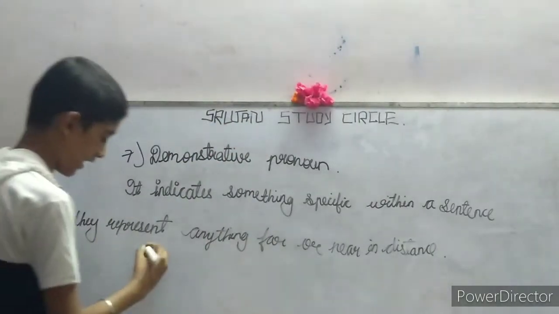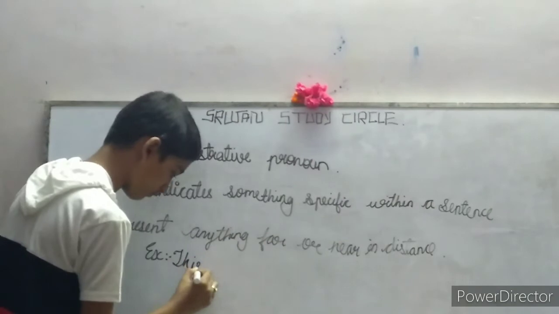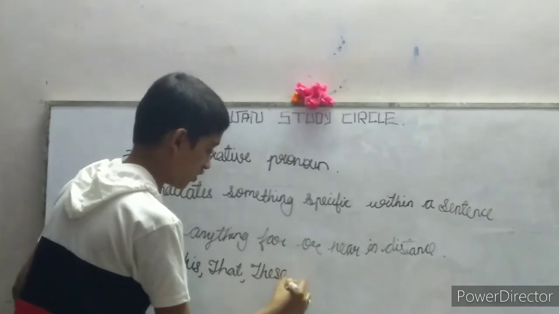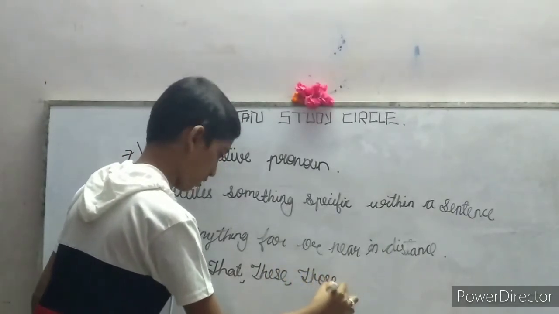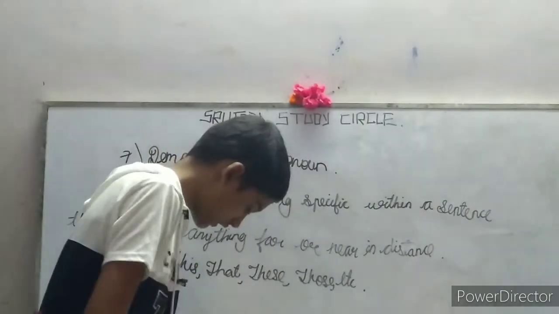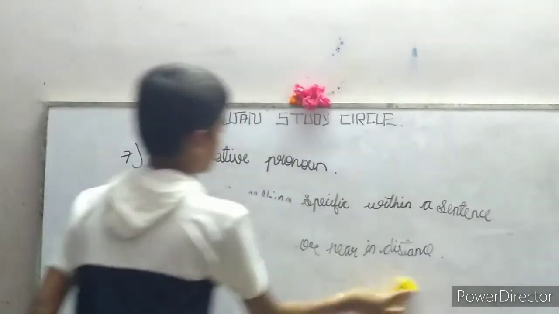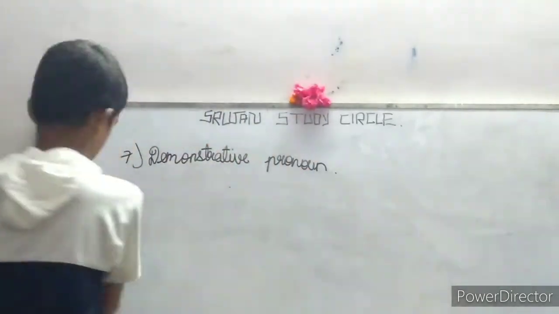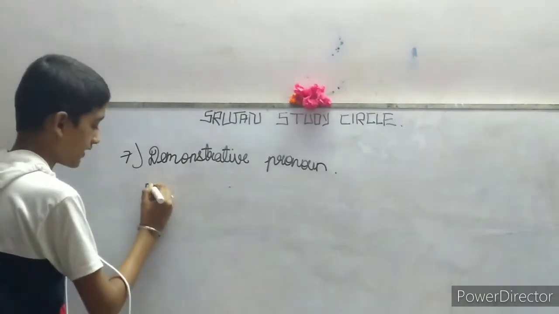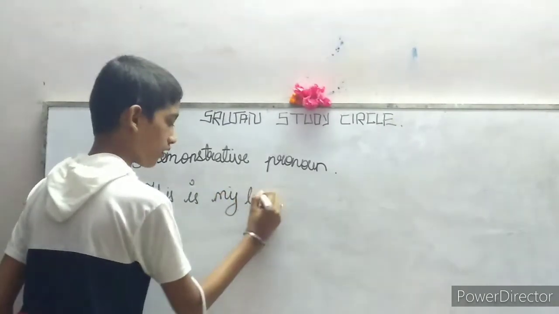The examples are this, that, these, those, etc. Now, I am going to tell a sentence example, which is: This is my book.